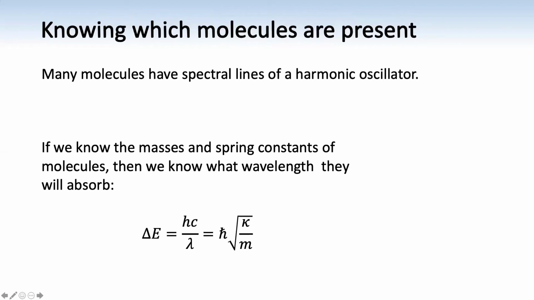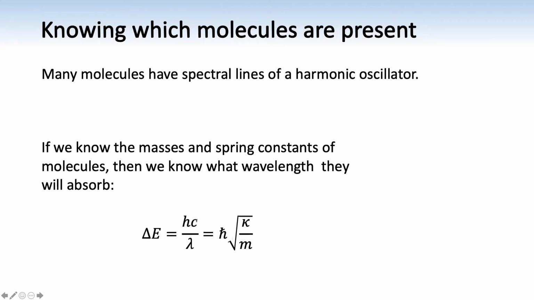So if I know what kind of molecules I have, namely the mass M and the harmonic oscillator associated with it, then I can determine what this is, and therefore what kind of photon is emitted if the oscillator goes from one energy level to the next one down.